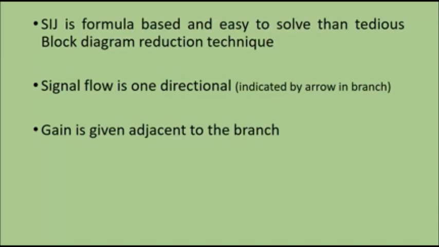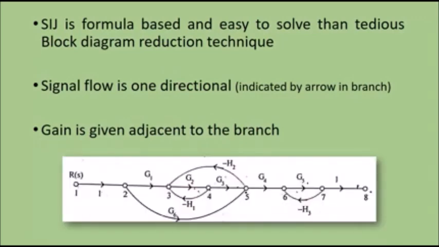The path also contains some gain elements. The gain is given adjacent to the branch. So this is somewhat how a signal flow graph looks, and you can see this is R of S, which is nothing but the input, and this is C of S, which is the output. In between R of S and C of S, there are many gain points like G1, G2, G3, G4, G5, and this unity gain.